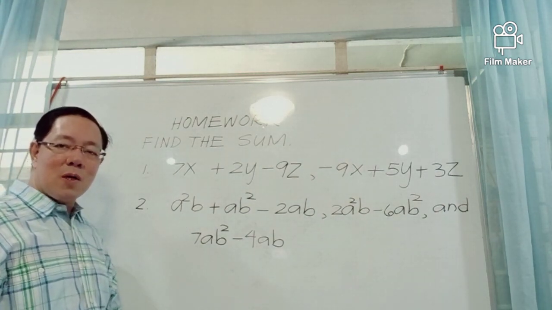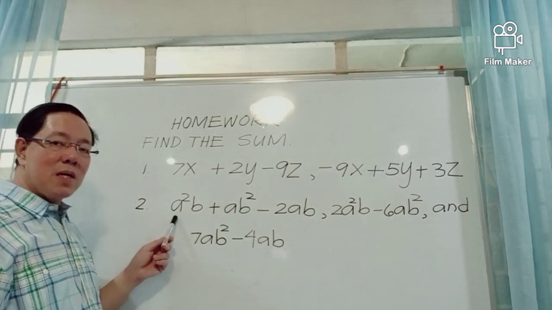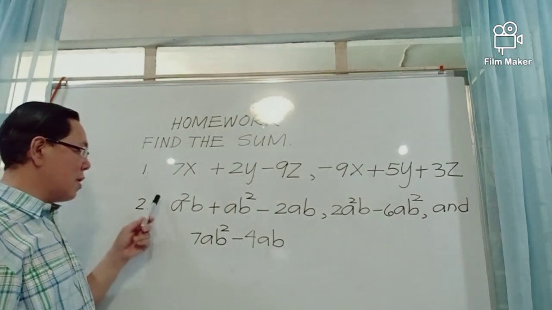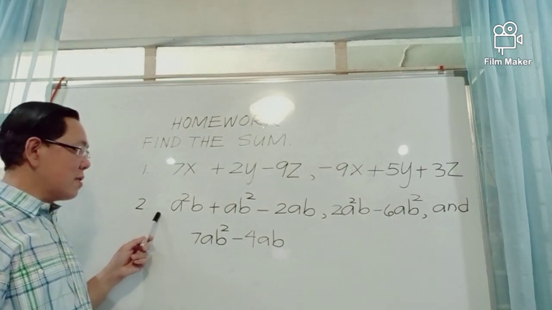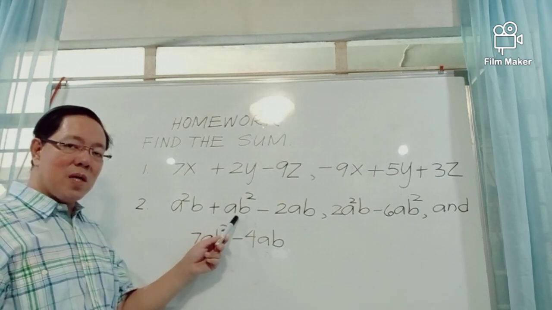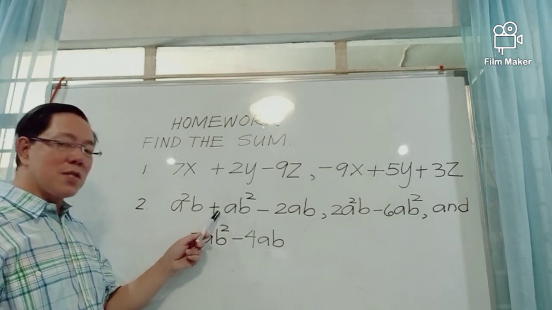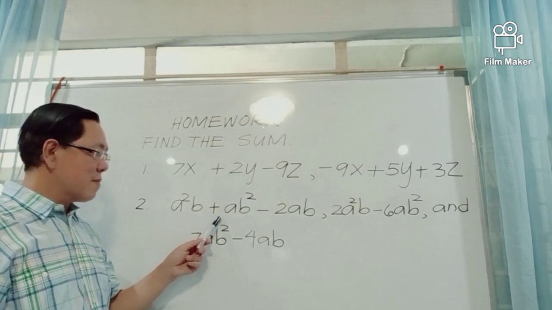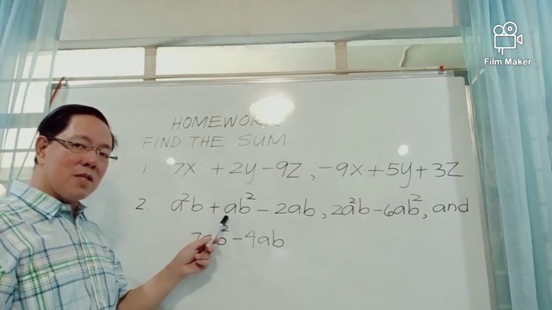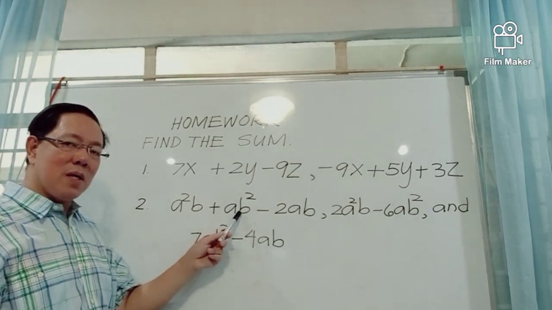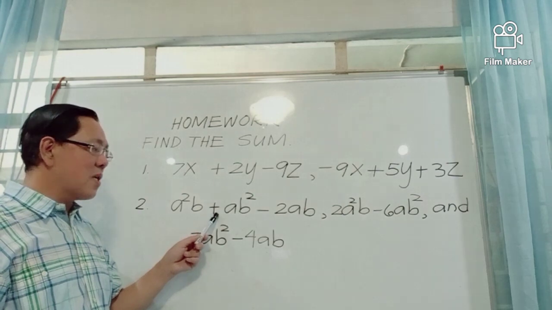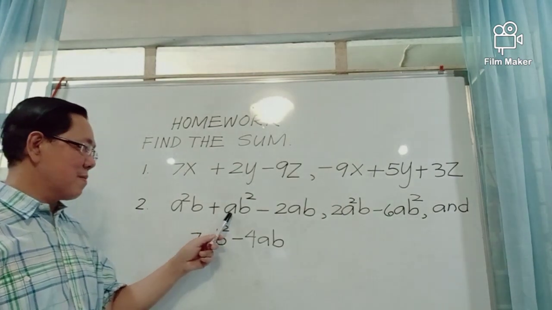So when there is no number in front of the given term or the literal coefficient, it's understood that the numerical coefficient of that term is 1. Similarly, the numerical coefficient of the second term is 1, because there is no number in front of the literal coefficient ab squared.